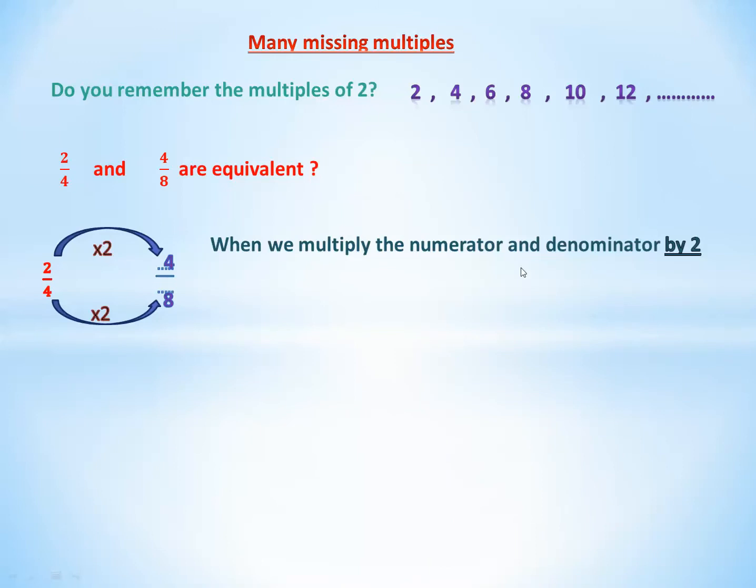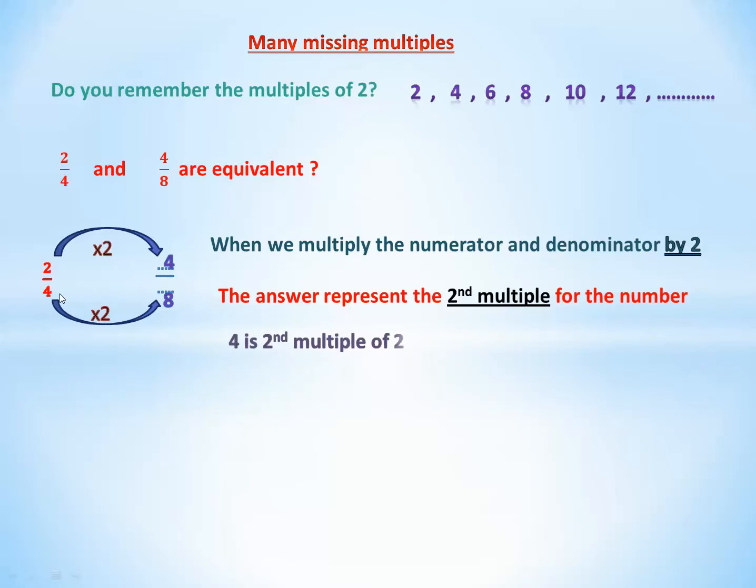When we multiply the numerator and denominator by 2, it means we represent the second multiple of the number. So 4 here is the second multiple of 2, and the 8 here is the second multiple of 4.